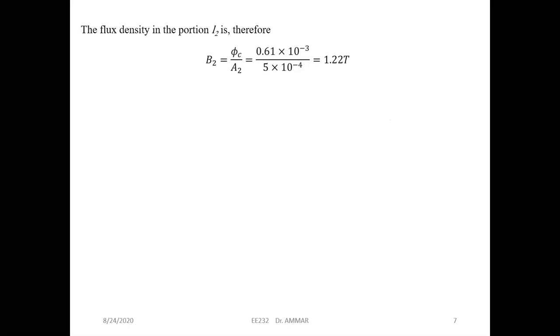Here we have phi core, and in L1 we will have phi g. Yes, phi g equals phi L1. They have the same cross section. And for L2 we have phi c, which is the total flux. Here the total flux, because you can see that the coil is around.